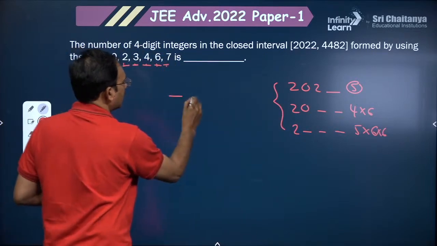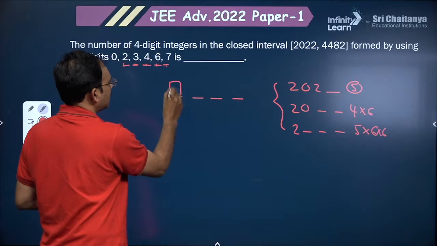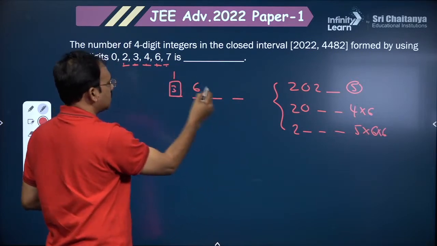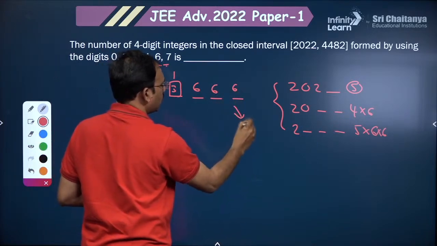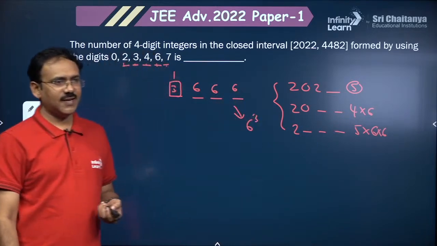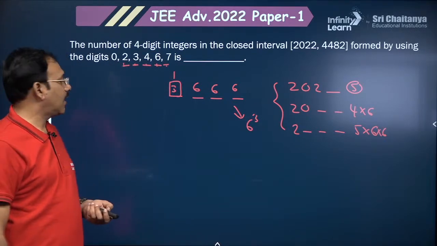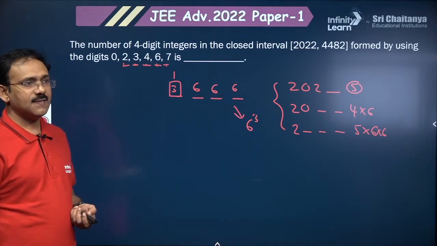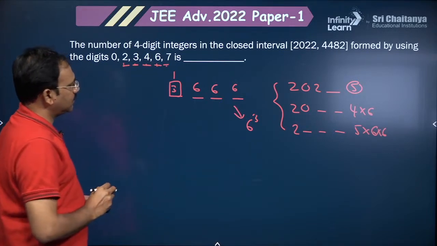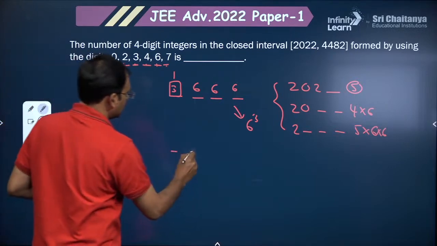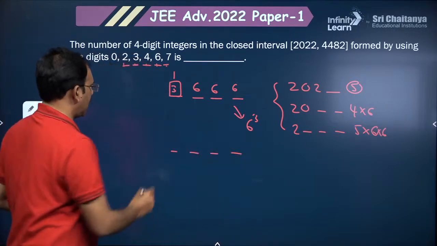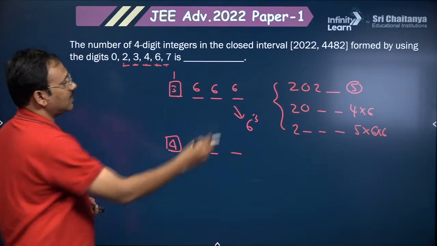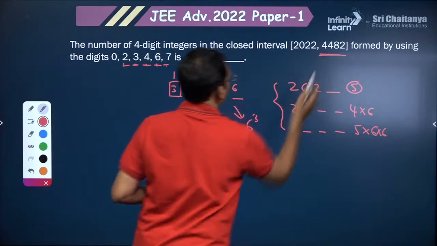In the same way, starting with 3, if the first digit is fixed as 3, you can fill any of the 6 digits in each place, 6 ways, 6 ways, 6 ways, so you get 6 cubed ways, dear friends. Then next, starting with 4: if you fix this digit as 4, this must be less than or equal to 4482.